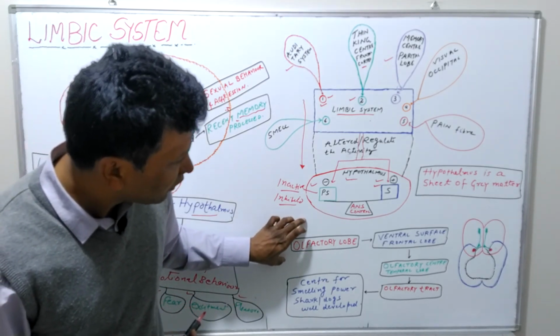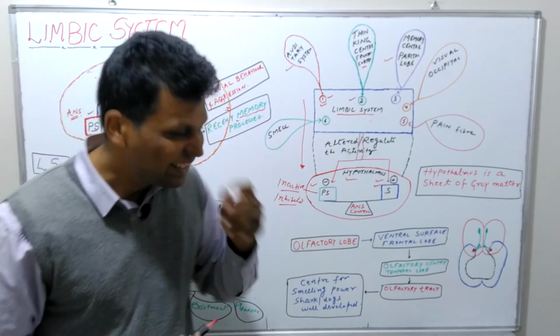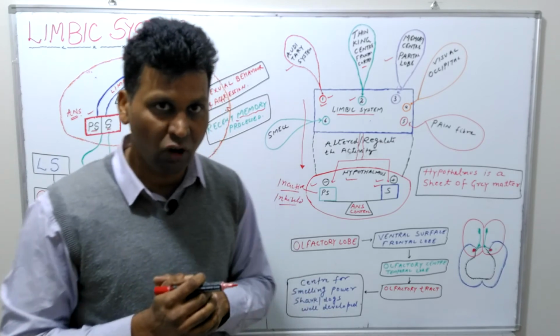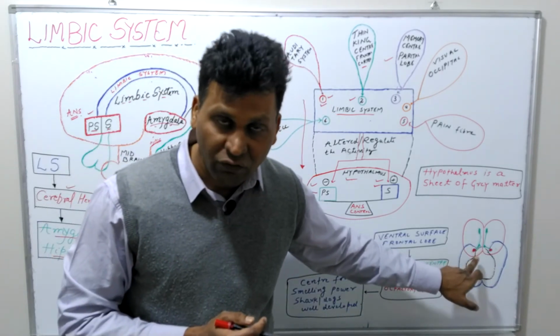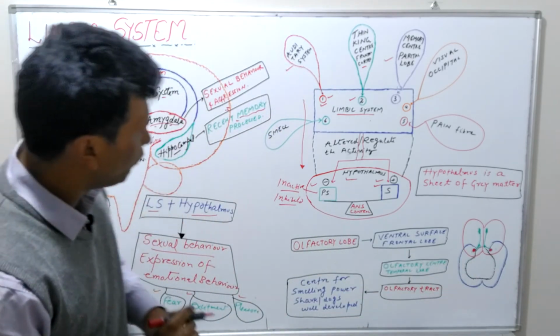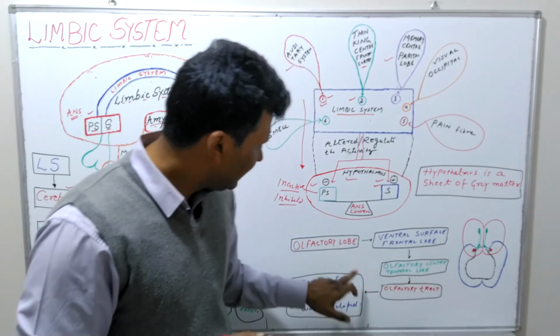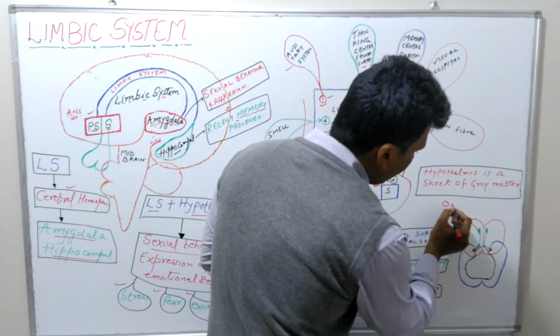One other important function which is attached with your limbic system is your smell, the olfactory system. This is the ventral surface of your frontal lobe. This is your olfactory lobe.